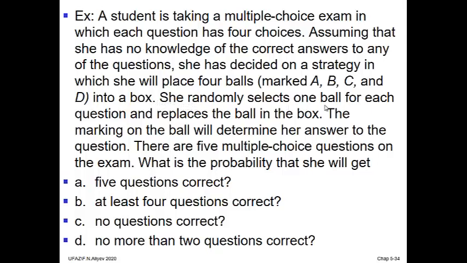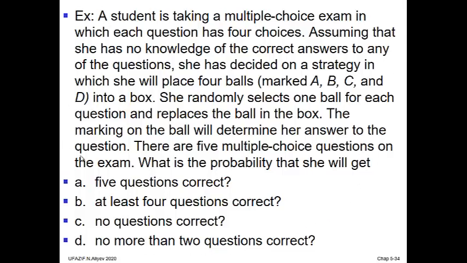She randomly selects one ball for each question and replaces the ball in the box. The marking on the ball will determine her answer to the question. There are 5 multiple choice questions on the exam. What is the probability that she will get 5 questions correct, at least 4 questions correct, no questions correct, no more than 2 questions correct?